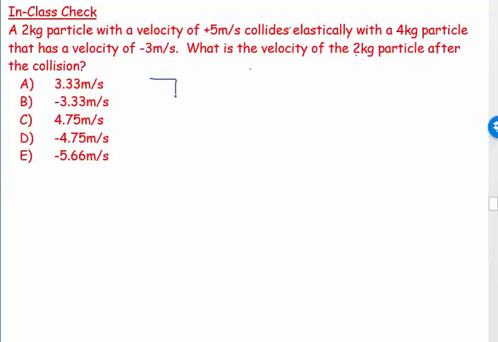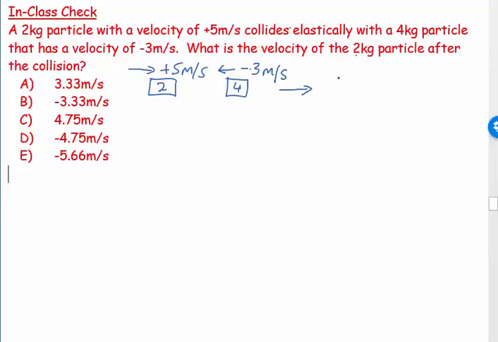So if we visualize, we have a 2 kilogram particle traveling to the right at plus 5 meters per second, and it's going to collide with a 4 kilogram particle which is traveling to the left with a velocity of minus 3 meters per second. They don't stick together.